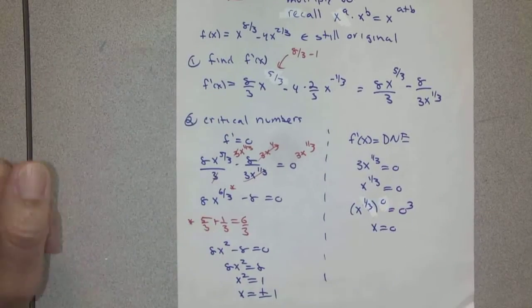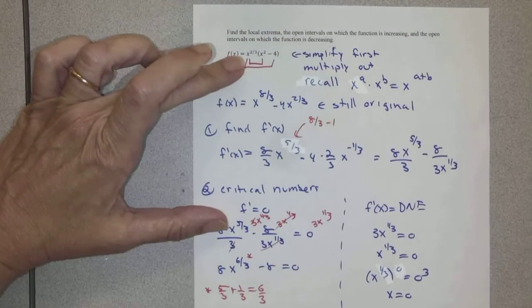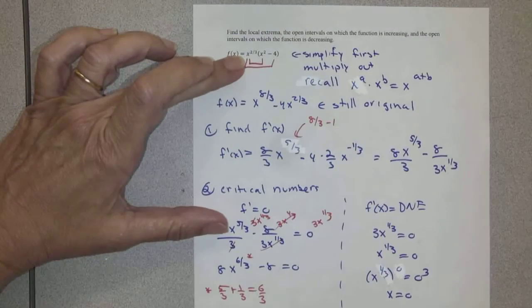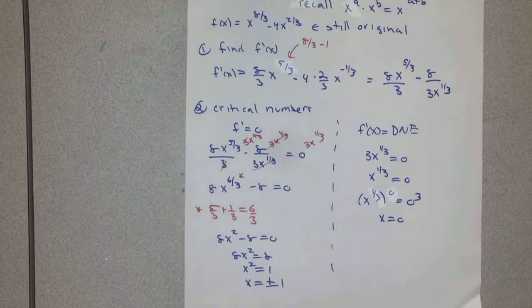And I get x equals 0. So I get 3 critical numbers, plus and minus 1, and 0. And 0 is an honest to goodness critical number because it is in the domain of the function. I can plug 0 into that function and it's going to work just fine. So 3 critical numbers, plus and minus 1, 0. And we'll finish this problem on the next video.